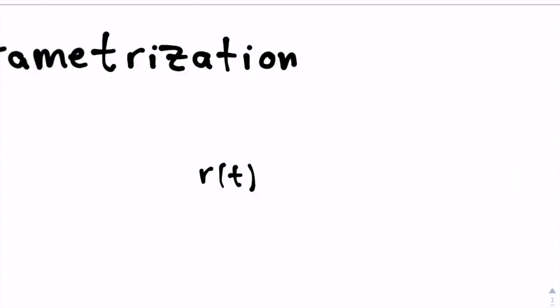So right now, we're going to look at how to parametrize a surface. But before we do that, let's go back to what we already know. And what we already know is how to parametrize a space curve. The way that we did this was by defining a function r in terms of a single variable t.